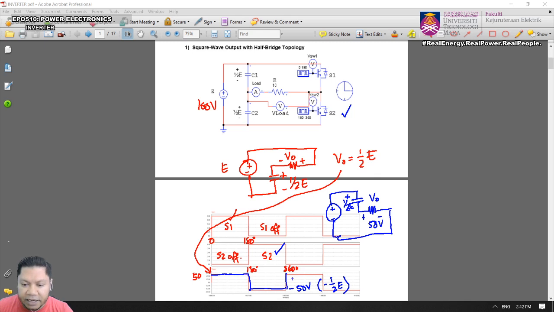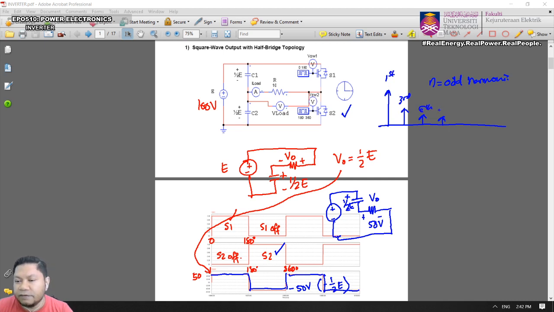So you have to relate with the harmonics of the square current. Remember, square waveform, you always have a fundamental. What else? The third, the fifth, seventh, which are all odd harmonics, isn't it? Yeah, for square waveform, so you're going to have first, third, fifth, seventh, and the rest, all the odd harmonics.